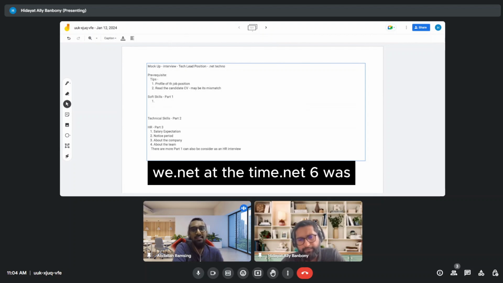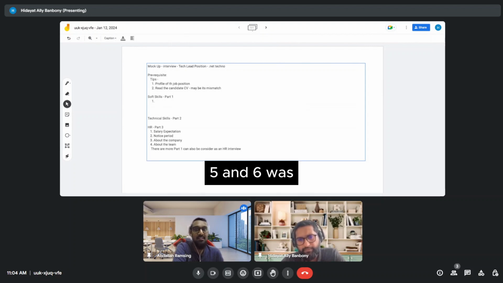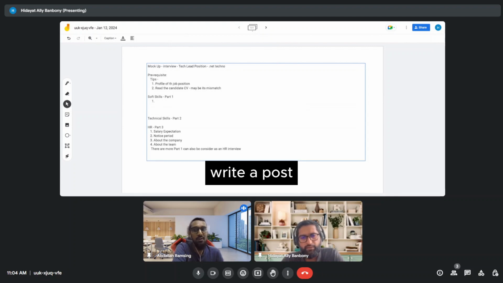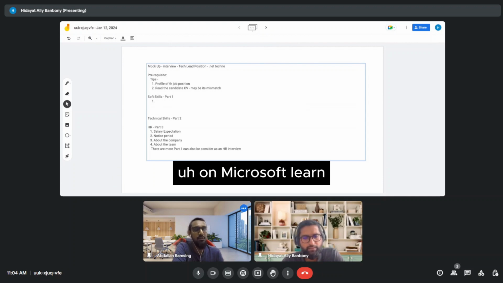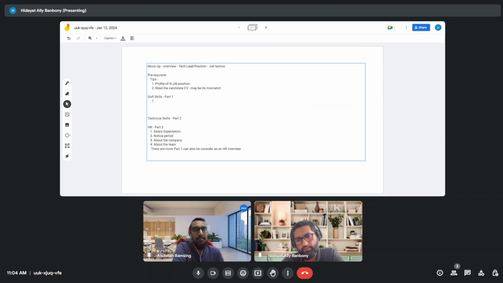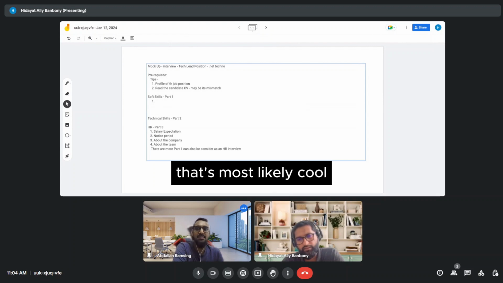At the time, .NET 5 and 6 had a lot of hype. So what I would do is research a little bit, write a post, or even just read a post on Microsoft Learn, for example, and share it. And then I will see if I can implement anything on that. That's most likely.